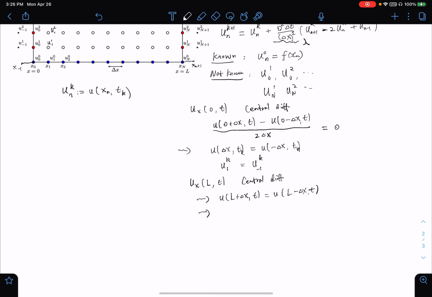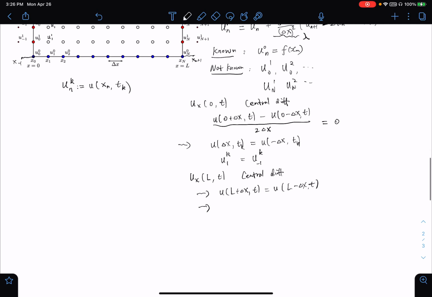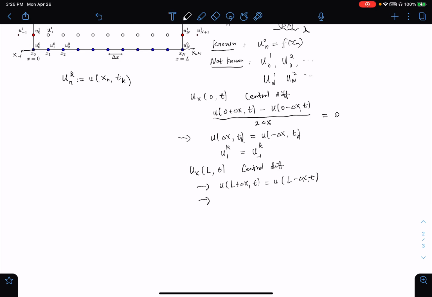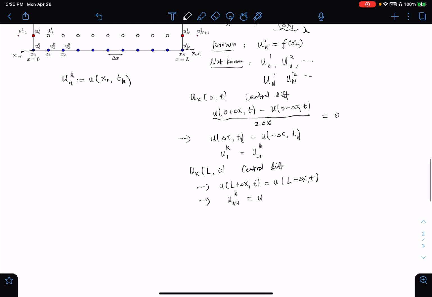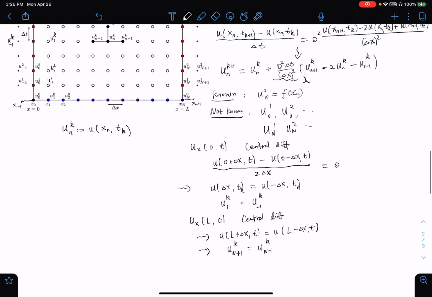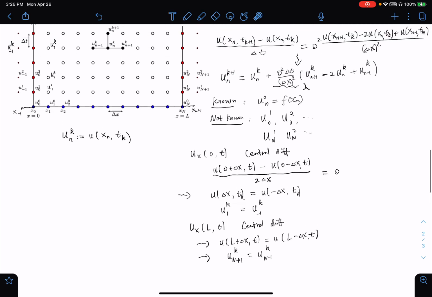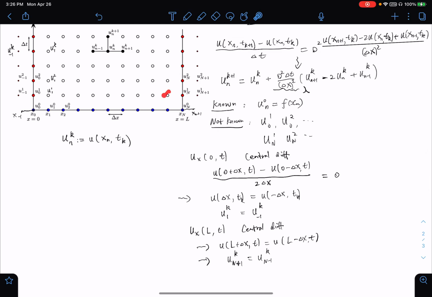Using our notation for the discrete point, we have u_{m+1} for all time step k is equal to, sorry, should be u_{m-1} for time step k. So it is totally symmetric. We're saying that this value is equal to this value, and this value is equal to this value.